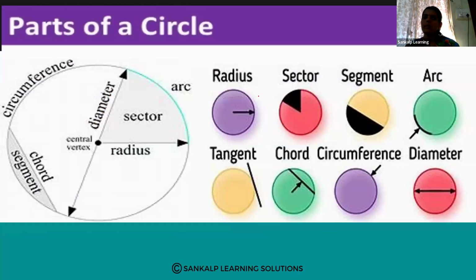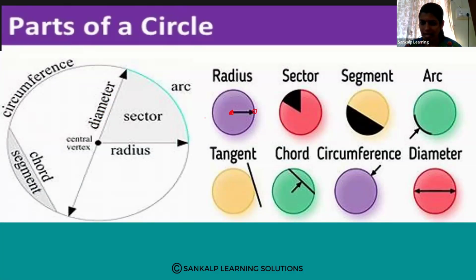Next comes parts of a circle. This is very, very important. In a circle we are going to observe so many parts. First comes radius. Radius means what?